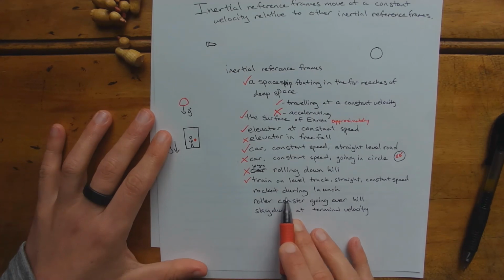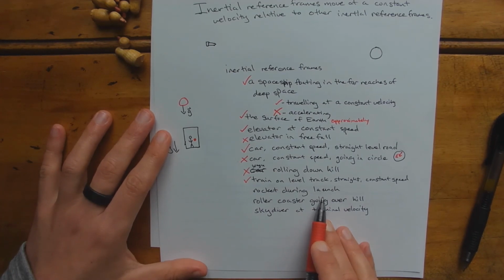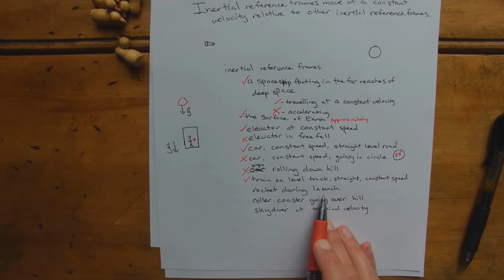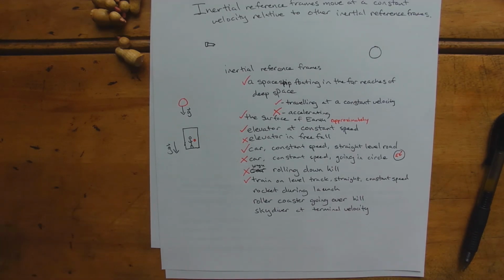Is a rocket during launch an inertial reference frame? No. When the rocket is being launched, it's accelerating. And so you're going to have large acceleration during launch time. This would be like if you're speeding up really fast in a jet plane or a rocket, you're going to feel like you're pulled downward.